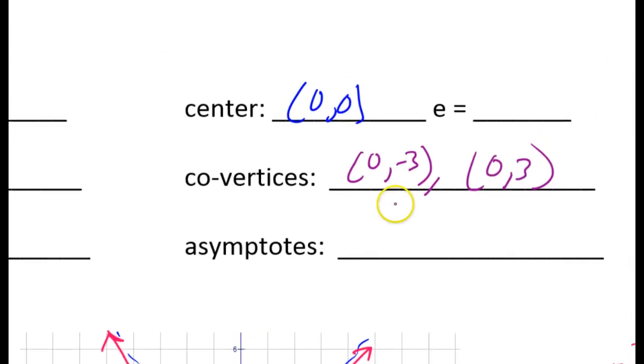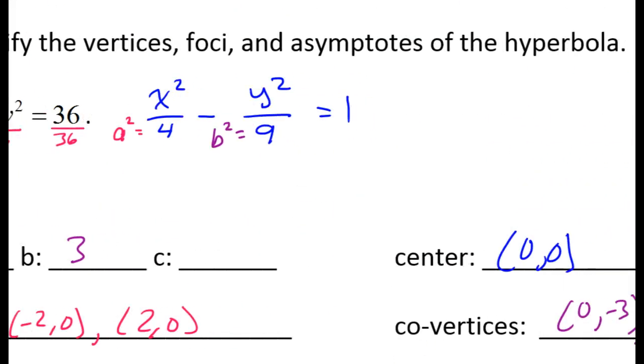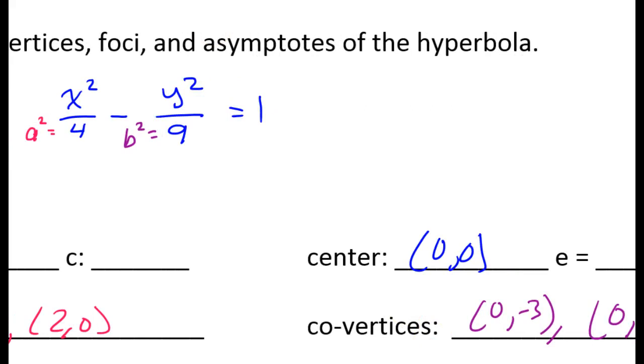For the foci, we will need the c value. Remember that for hyperbolas, the relationship is c squared is equal to a squared plus b squared. For ellipses, it was minus, but for hyperbolas, it is plus. So that's going to be c squared is equal to 4 plus 9.